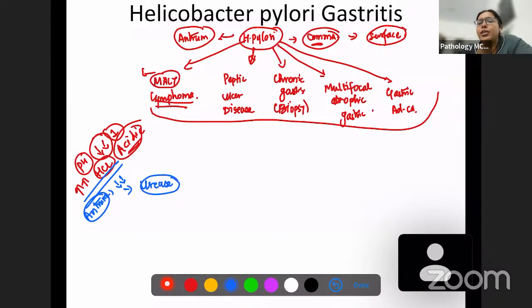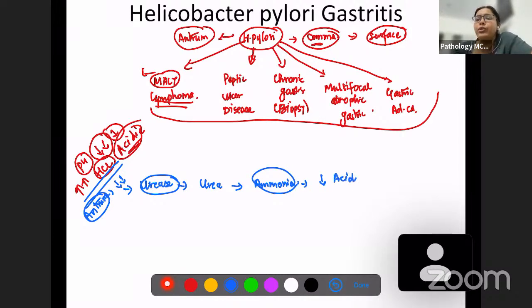What urease does is break urea into ammonia, and because of this, it creates a less acidic environment. It does not create a basic environment, but a less acidic one for it to survive in such a harsh pH condition. So it produces an enzyme known as urease, which facilitates its survival.